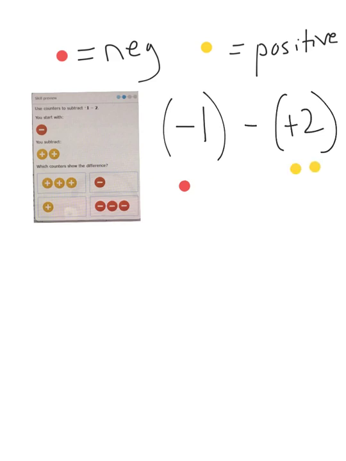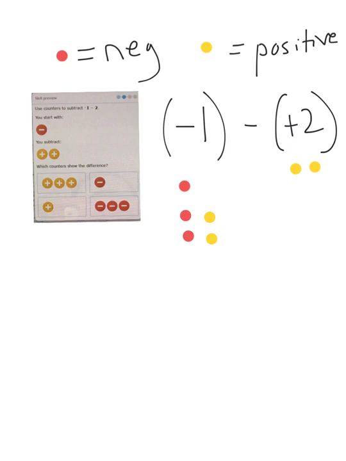Obviously there are no positives over here for us to take away. So we go again to our zero pairs. We're wanting to take away 2 positives, so we're going to need to add on 2 zero pairs. I'm going to need 1, 2. If it's a zero pair, it has to have the negative and the positive.